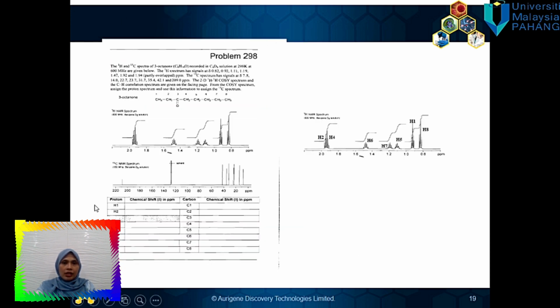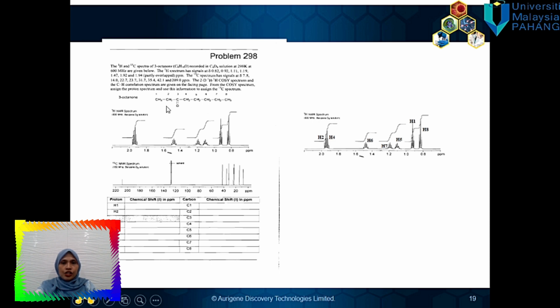If the question is given to you like this, with the structure and the proton NMR, and then they give you the C13 NMR, and they ask you to assign based on the COSY spectrum and HSQC spectrum given. Before we start, we have to label first what the protons are in the proton spectrum here.